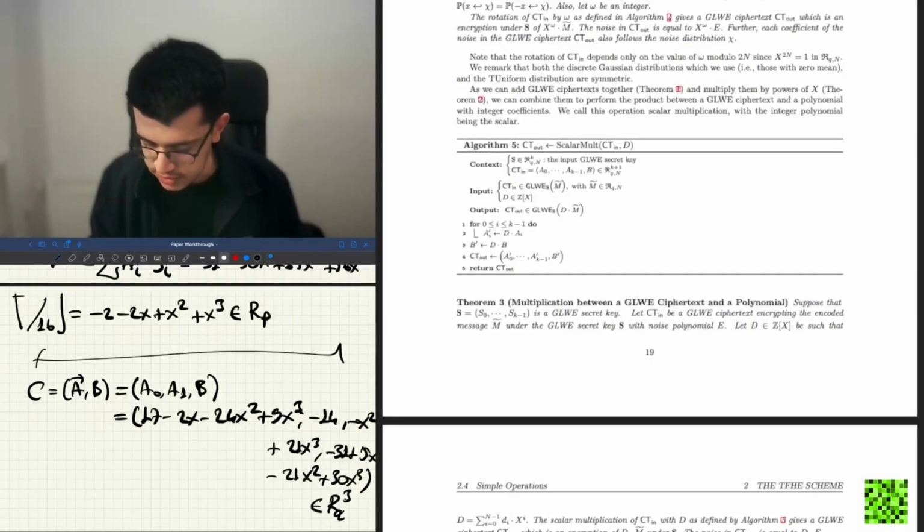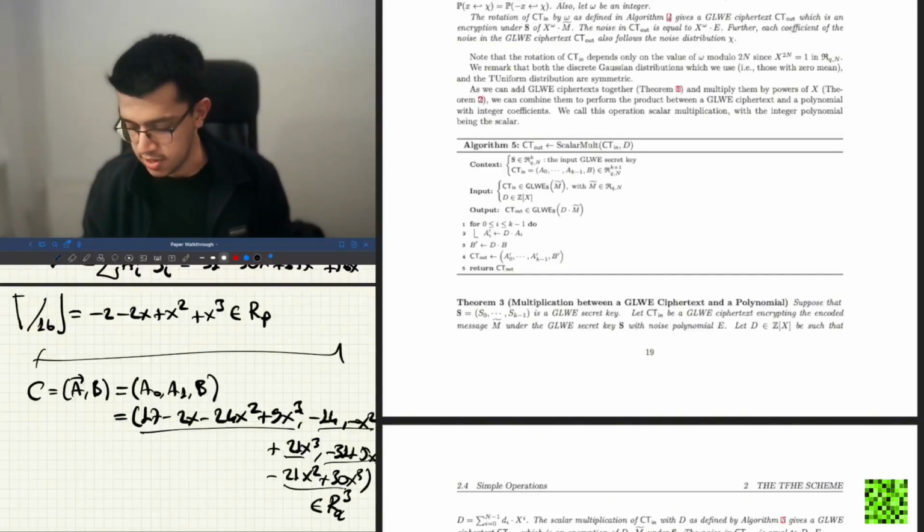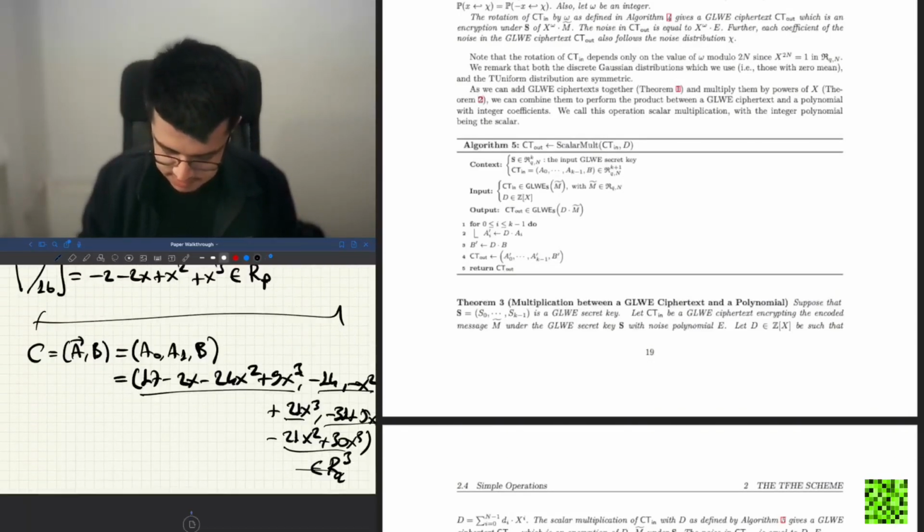The first two entries are from the vector A, the mask, and the third one is the body B, simply.